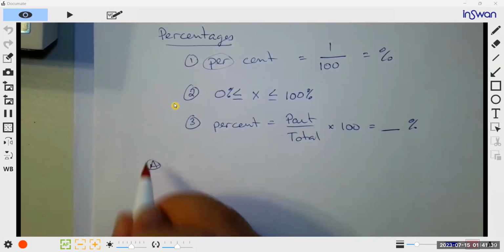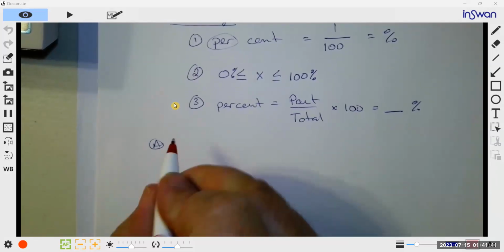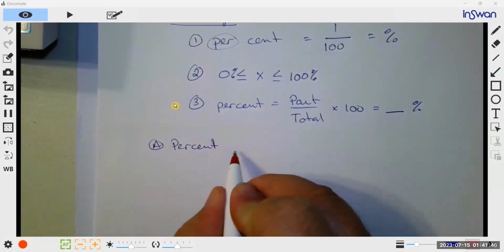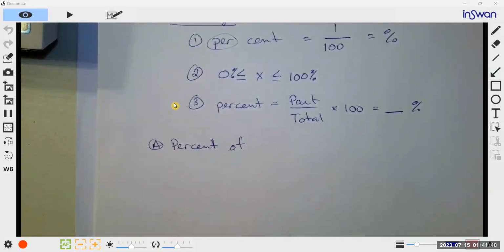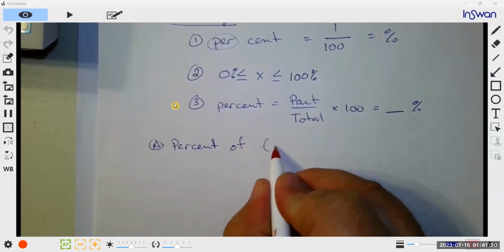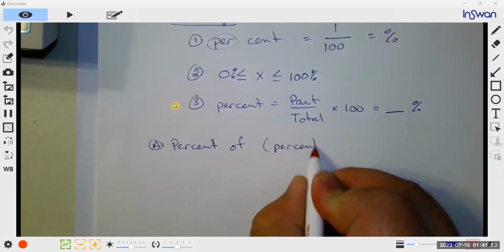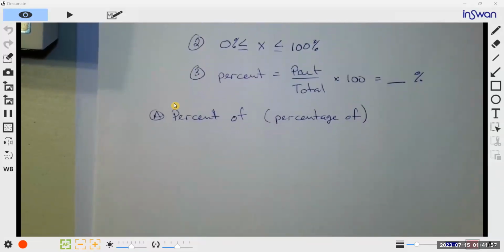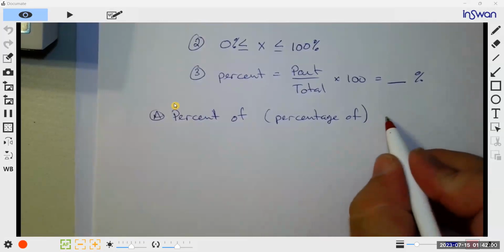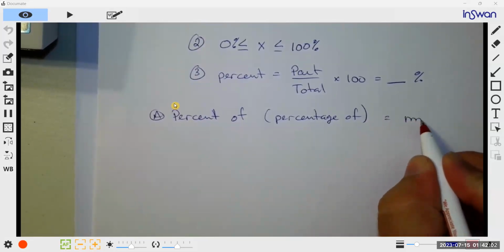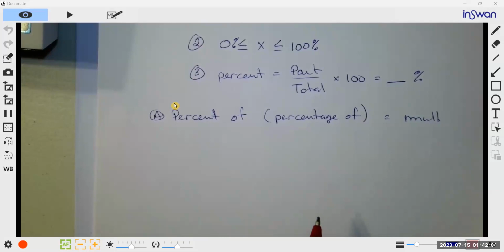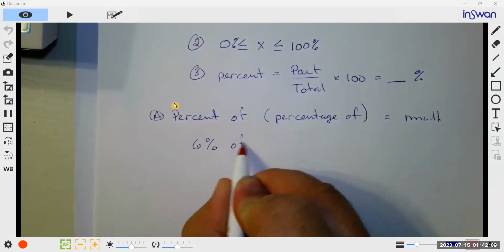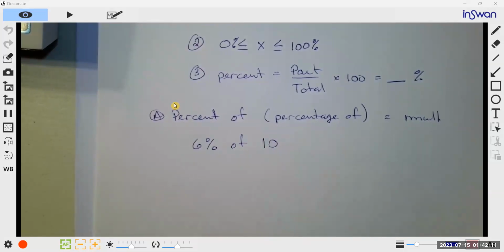Let's look at some calculations or conversions. Whenever you read in a question percent or percentage of, what that really means is multiplication. So like 6% of 10.